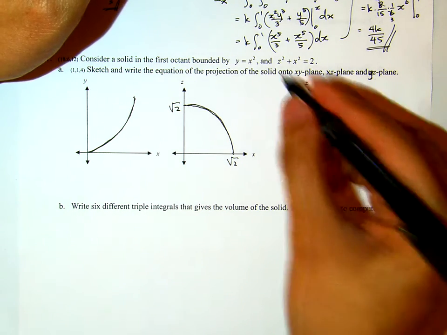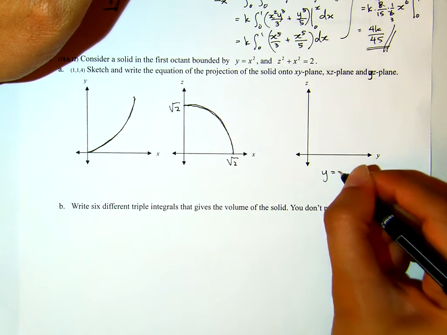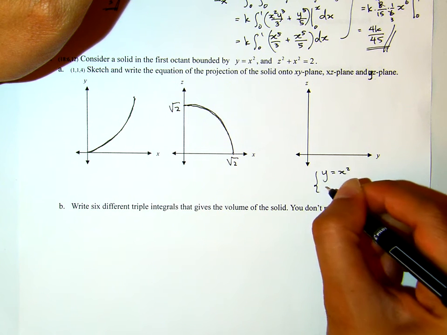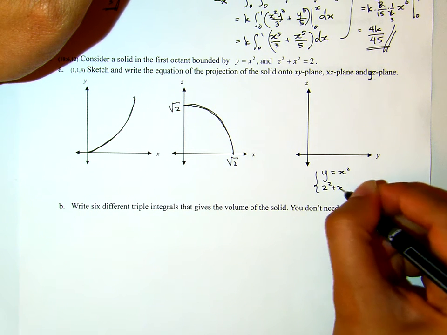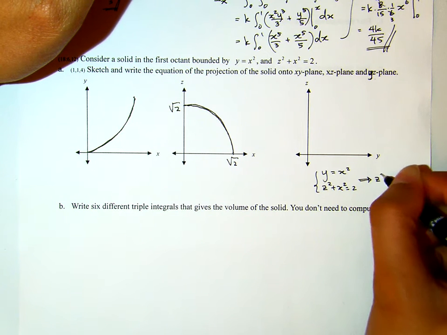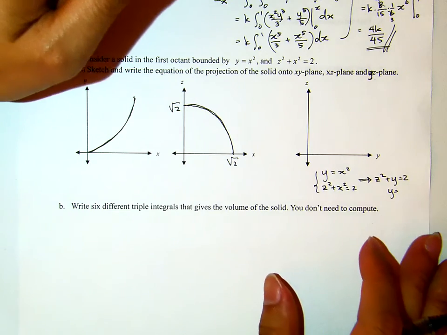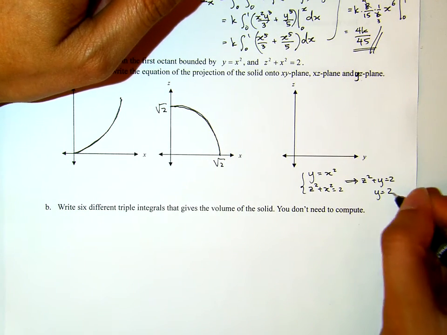you see we don't have the one relating those two, but we can see that y equals x squared and z squared plus x squared equals 2. So if I do substitution, I get z squared plus y equals 2, or y equals 2 minus z squared.